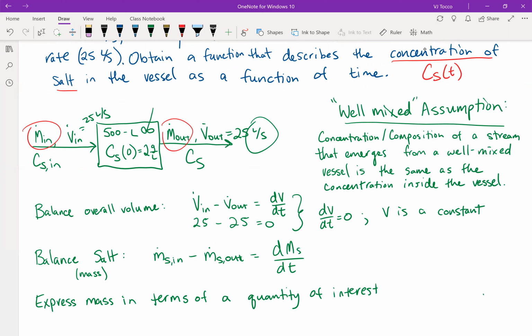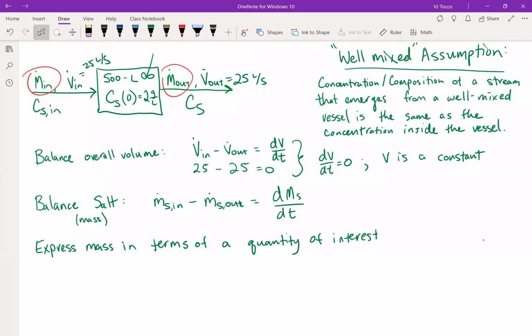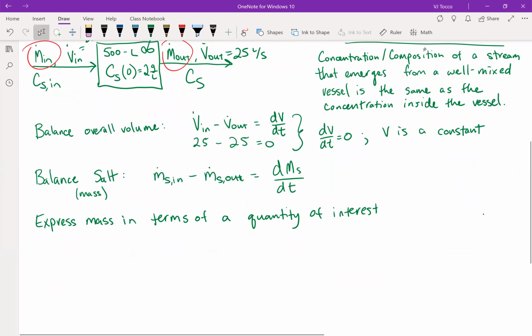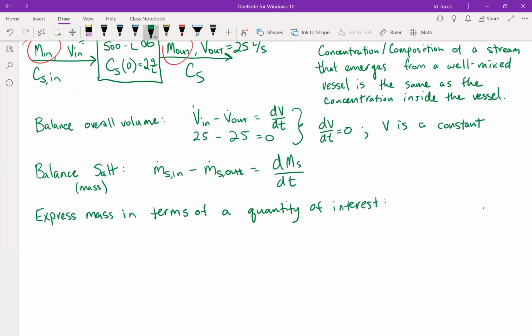If I know that and I want to express mass in the flow rate, I can multiply the volumetric flow rate by a density, which is what we've been doing, but I can also multiply it by the concentration in order to get mass. Again, just by doing a unit analysis, I know that mass is equal to concentration times volume, by looking at the units.